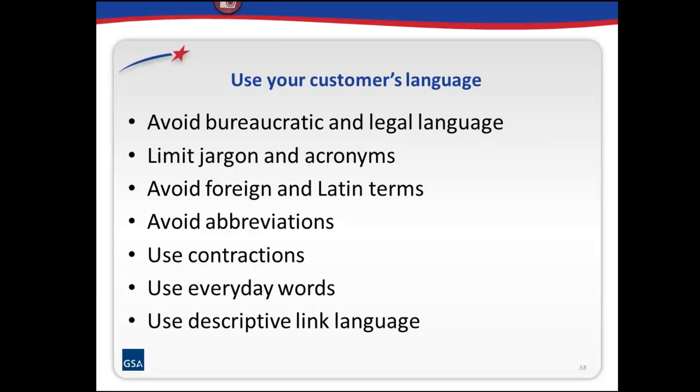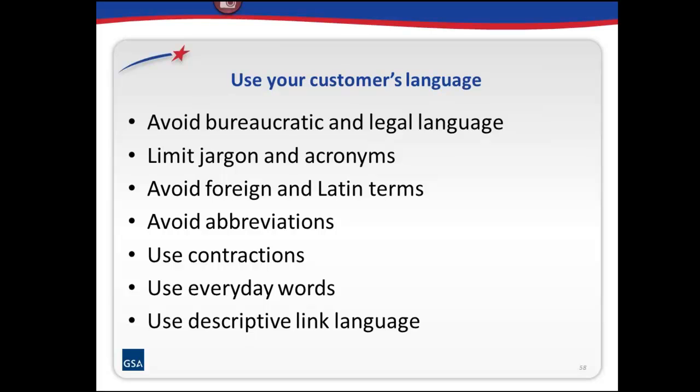So ways to avoid that, to make your writing more useful, are avoiding foreign and Latin names and abbreviations, using contractions, using everyday words, and using descriptive link language to make it easier for people to understand what you're trying to convey. I often get emails, as I said, from Plain, because I get the admin emails, and people say, people keep sending me letters from the government and they've got all kinds of typos.